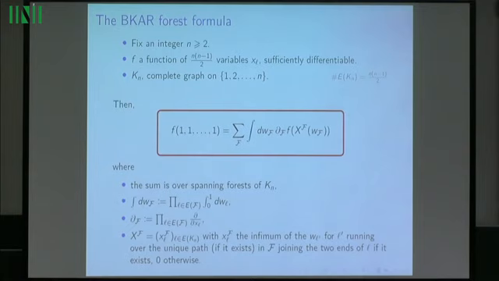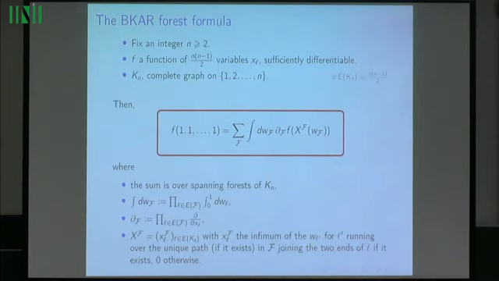The sum is over spanning forests of K_n, which means you choose a subset of edges which form an acyclic subgraph of K_n. The integral over the interpolating parameters is this one: you have one parameter per edge of the forest, and they all run from 0 to 1. The derivative is this: you differentiate once with respect to each variable corresponding to each line of the forest. And now I have to tell you at which point I evaluate the derivative of my function f.